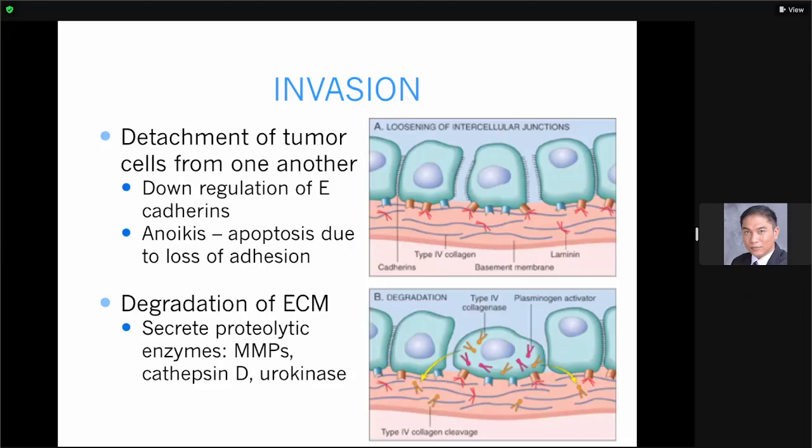So in invasion, for tumor cells to detach from one another, there has to be, nabanggit natin kanina, downregulation of cadherin, downregulation of E-cadherin. So naglulusen yung attachment nila with each other.